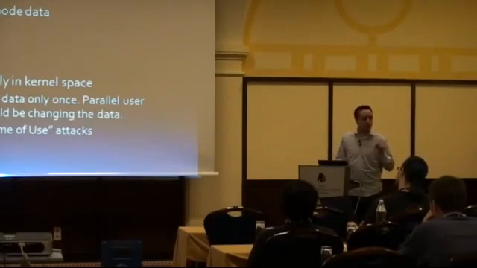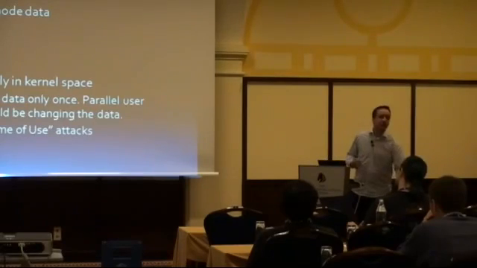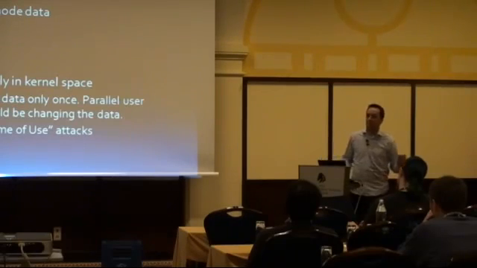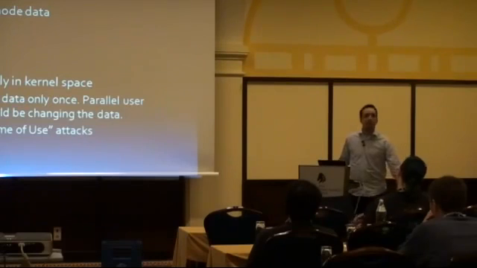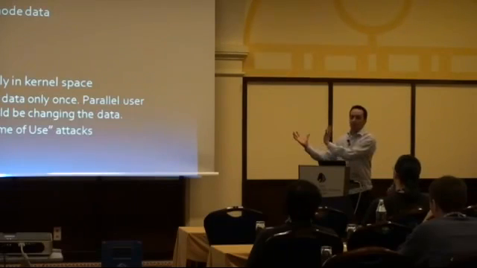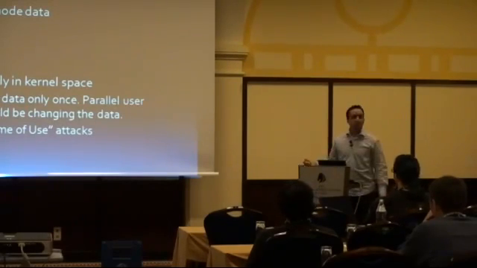But you go back to user mode and grab that value again. What about if that value right now is not 5? If a parallel thread in user mode changed the value? What about if at this point the value is 200? Basically, you have an allocation of 5, and you're going to copy based on 200. It's going to corrupt the pool, right? So this is what is called double fetch.